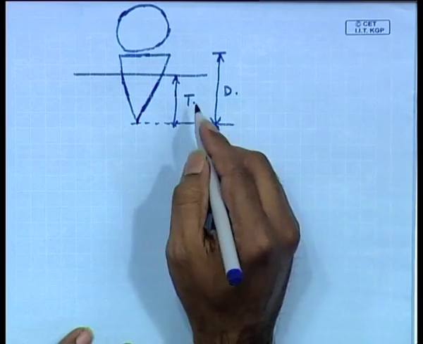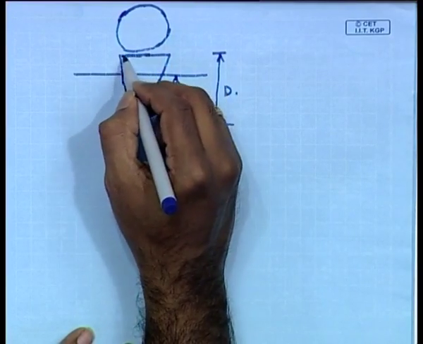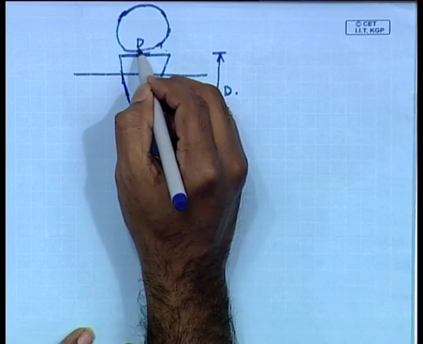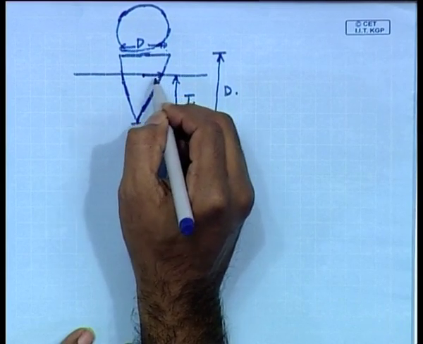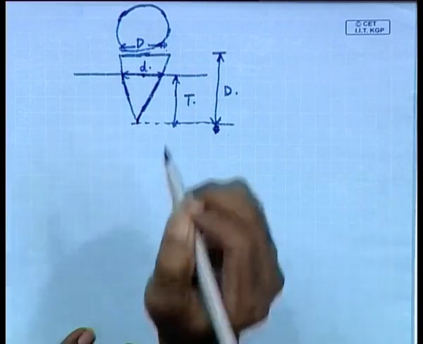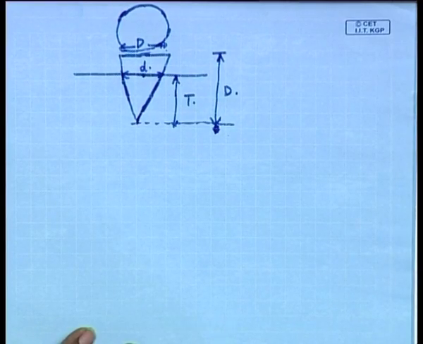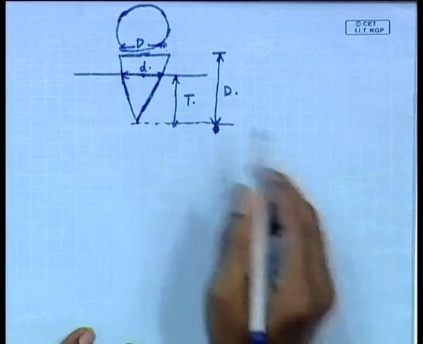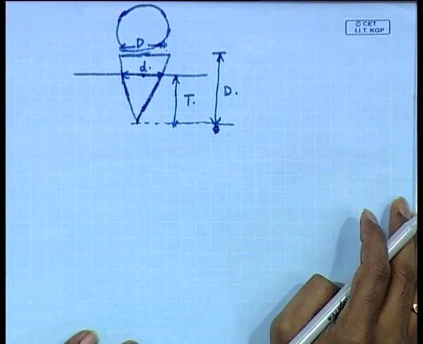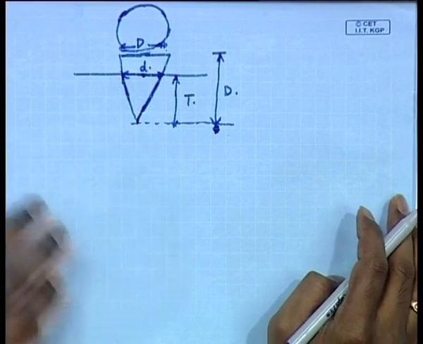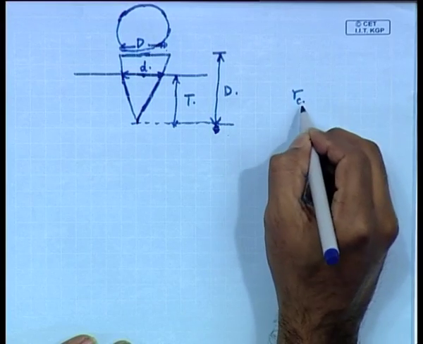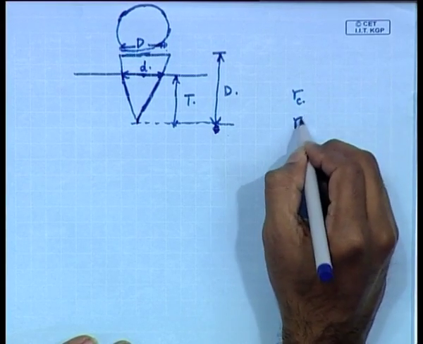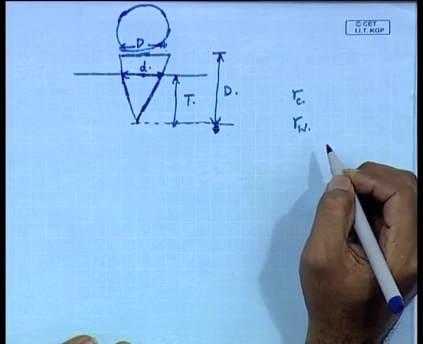You are told these things, this is T, there is h, and this diameter is capital D, and this diameter is small d. So, small d and capital D. So, these two are given, and then you are told also about the cone's material, its specific gravity is gamma c for the cone, and gamma for the specific gravity is density into g.